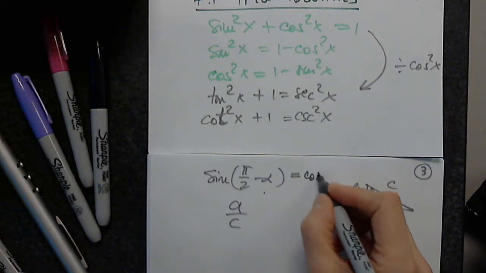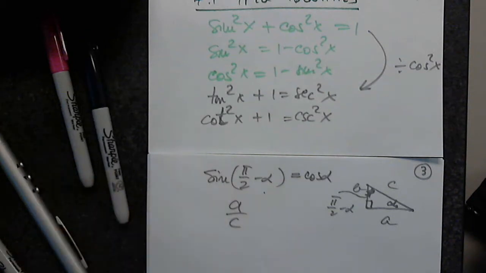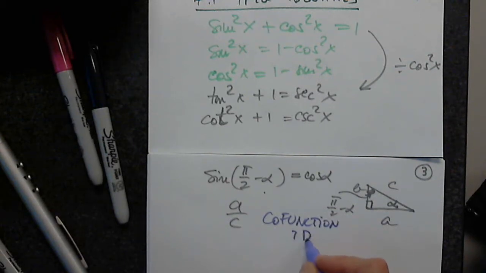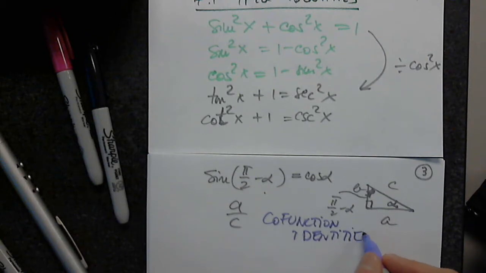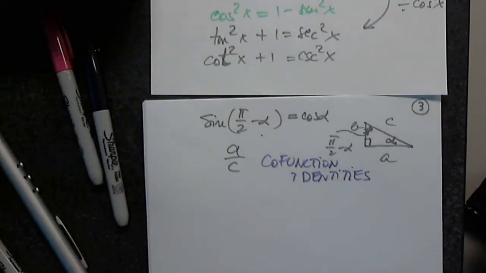Yes? That's it. So these are the co-function identities. We looked at them some time ago. So these are called co-function identities. Give me another one or two more. I want to write down two more co-function identities.